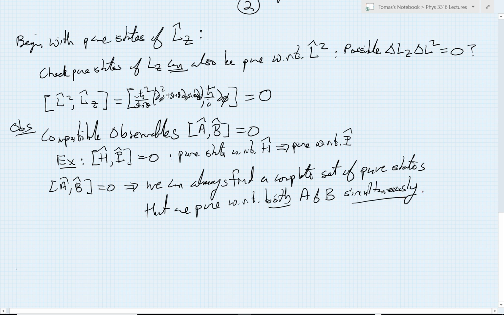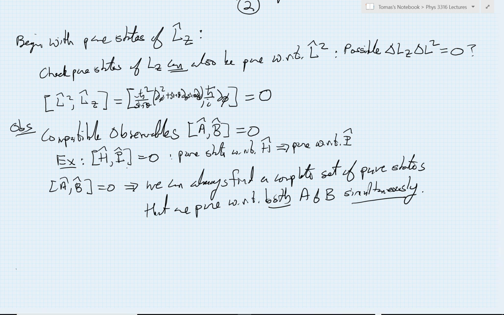In the parity case, you might recall that when we looked at not bound states, but scattering states, it turned out that for scattering states, there can be two scattering states for a given energy, whether left incident or right incident. And in those cases, the pure states might not be guaranteed to be pure with respect to parity, but we were always able to construct from them states that were pure with respect to parity and also pure with respect to the energy.